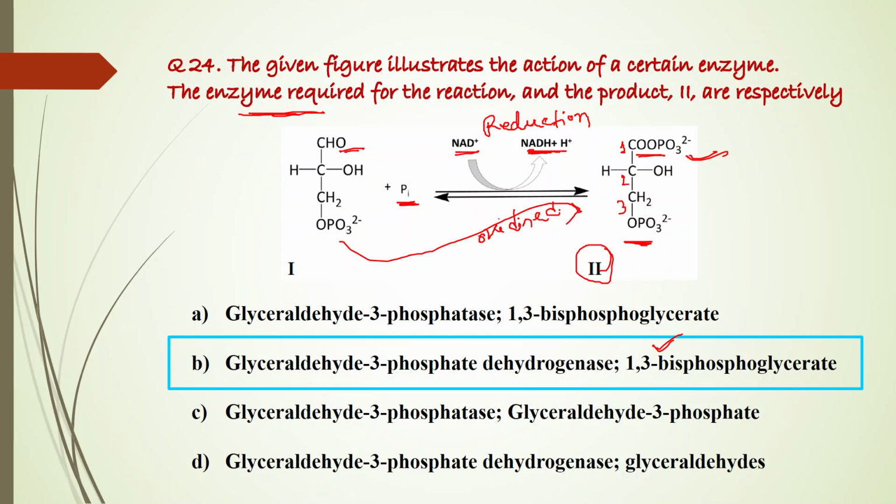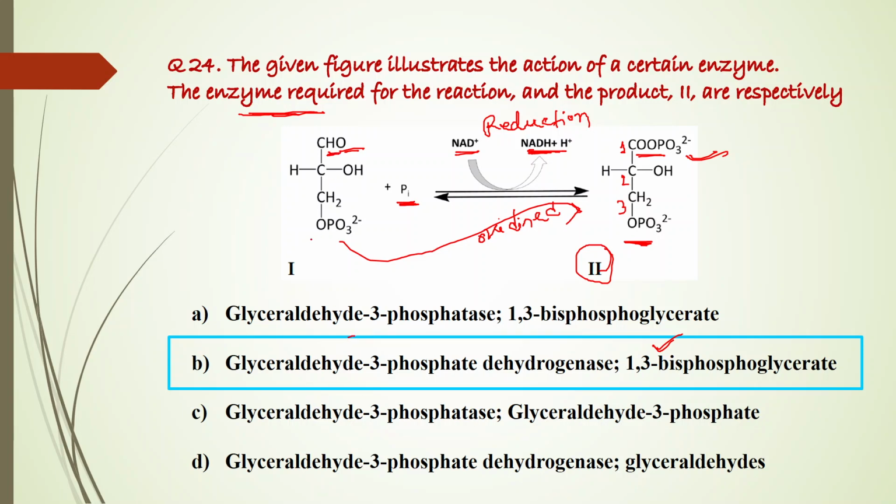So in this kind of oxidation reduction reaction involving hydrogen, who will come to play the role? Some kind of dehydrogenase will come here, because ultimately the hydrogen from this aldehyde moiety has been removed, and you have the formation of a glycerate molecule. So obviously some kind of dehydrogenase must have acted here to remove this hydrogen.